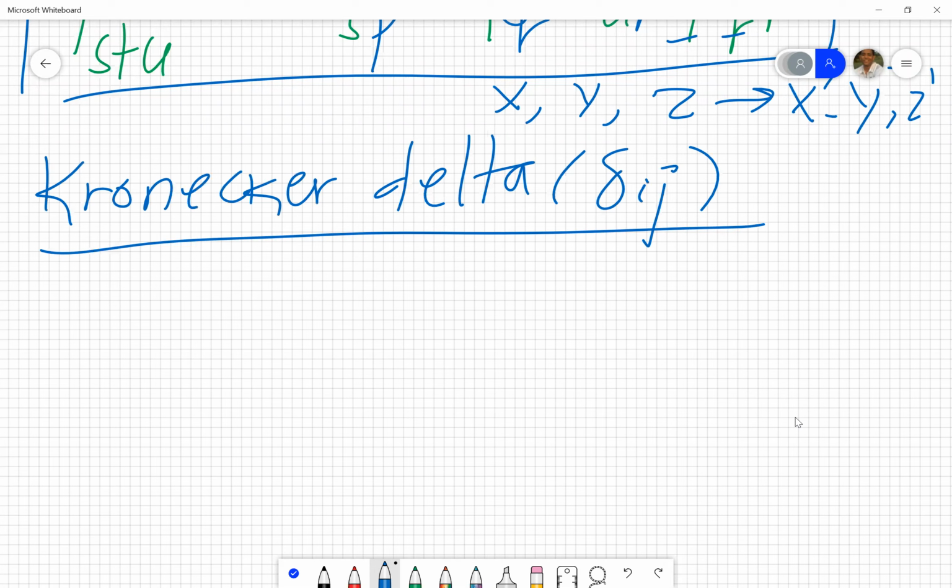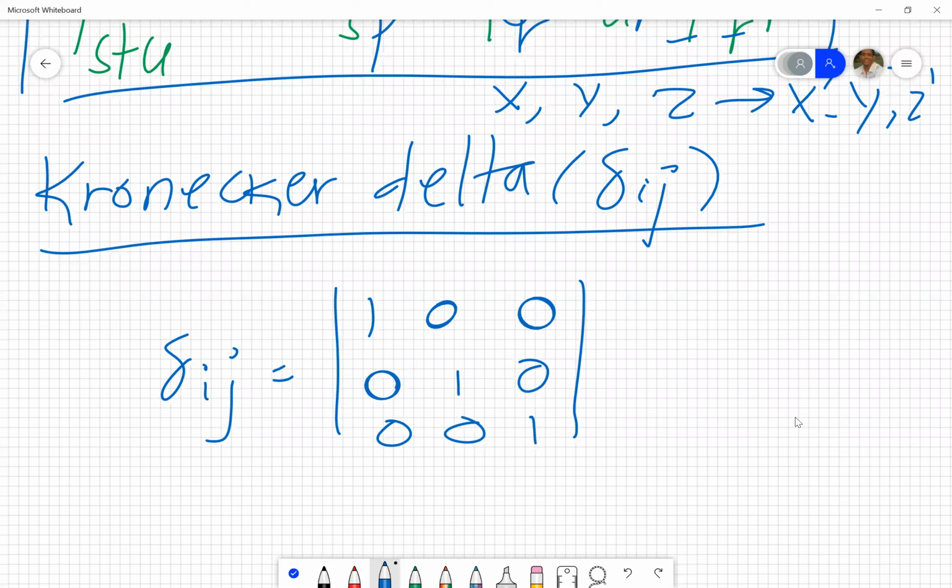The Kronecker delta is a second rank unit isotropic tensor. Its determinant values are like this: 1 0 0, 0 1 0, 0 0 1.